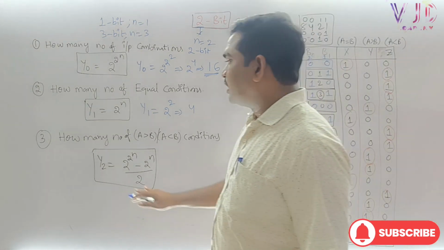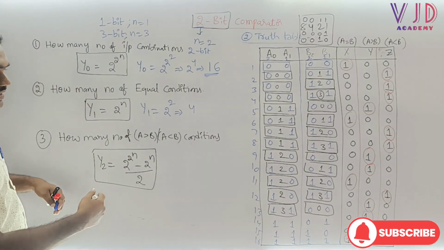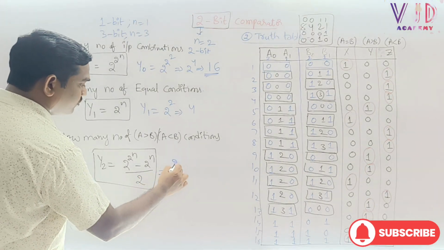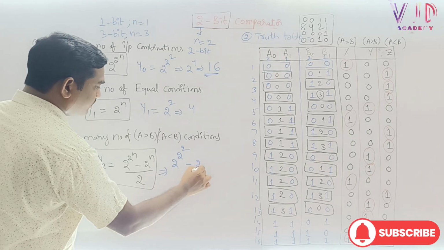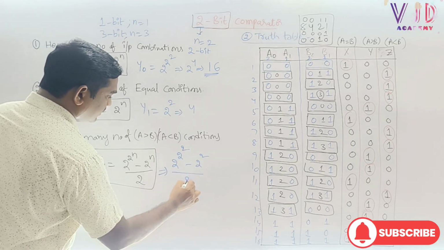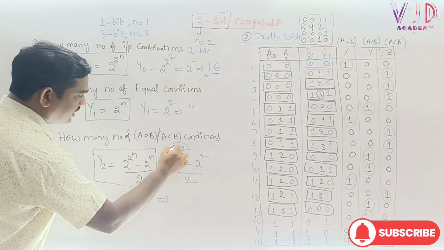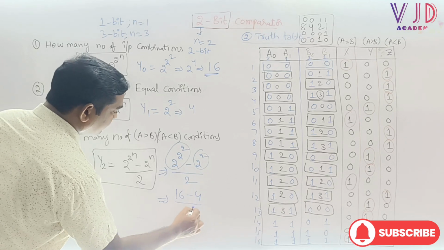And now coming to how many A greater than B or A less than B conditions. Here we know the equation is 2 power n minus 2 power 2 divided by 2. Here the value of 2 power n is 16, and now this will be 4 divided by 2.